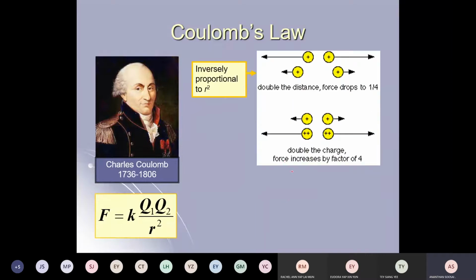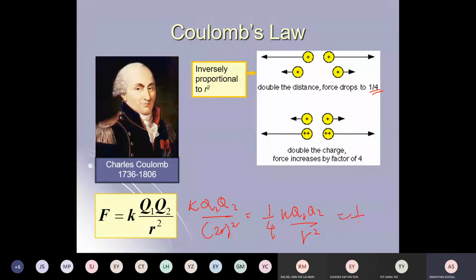The force is inversely proportional to r squared. When r gets greater, the force gets weaker. Double the distance, the force becomes a quarter. When r becomes 2r, K Q1 Q2 over (2r) squared, the force becomes a quarter of K Q1 Q2 over r squared.